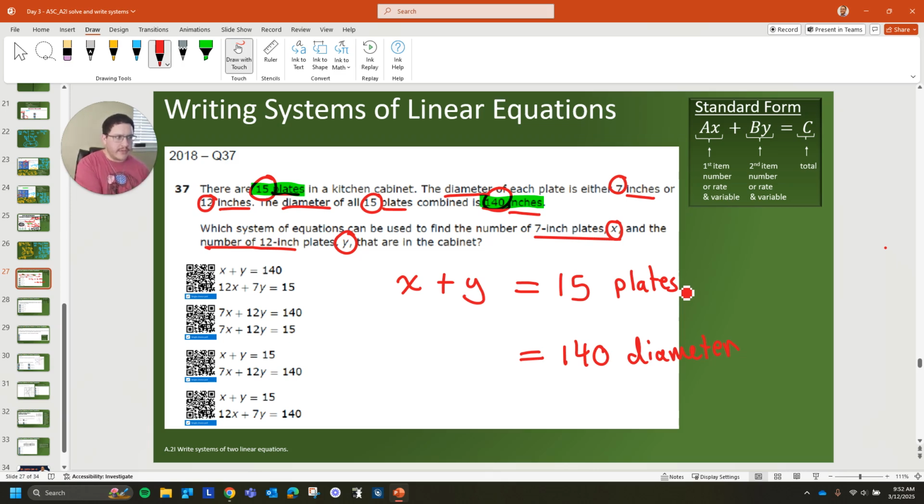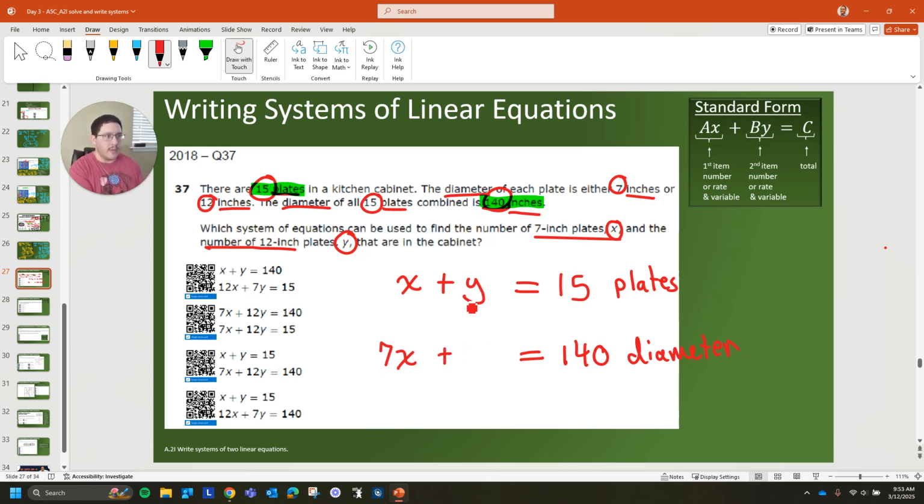Now, the other thing that gets talked about is diameter. That's where 7 and 12 come into play. So we have a combined total of 140 inches in diameter of plates. So how do we structure that? Well, the x, 7x, tells me the number of plates times 7 will give me the total number of inches in diameters of x plates.